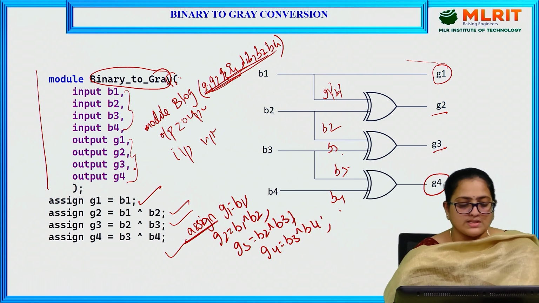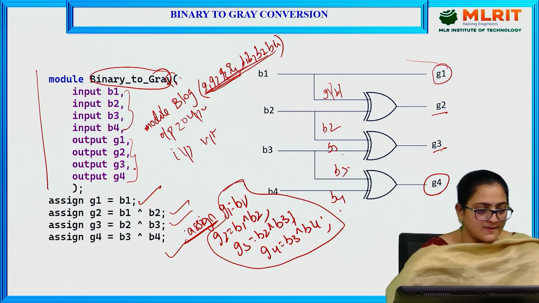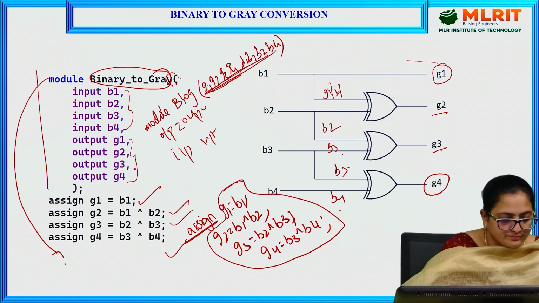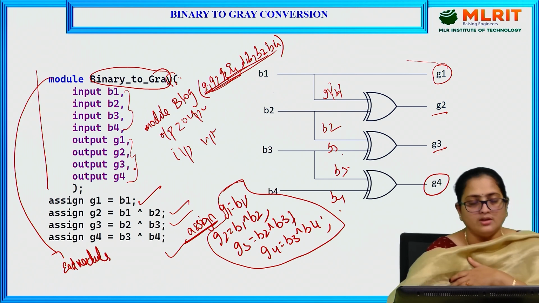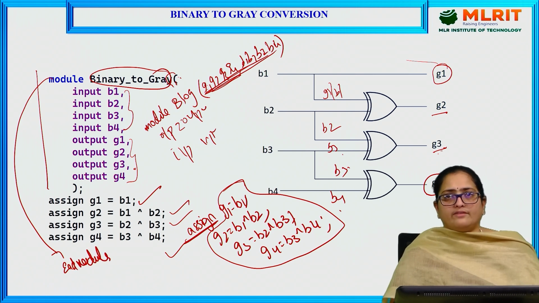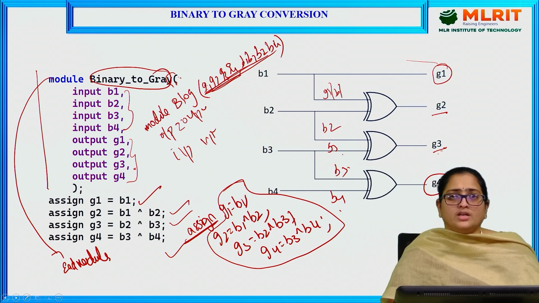So, you can use a single assignment statement to perform these 4 operations. And this module ends with the keyword endmodule. So, this is how you can write a Verilog code for binary to gray conversion using a data flow level.